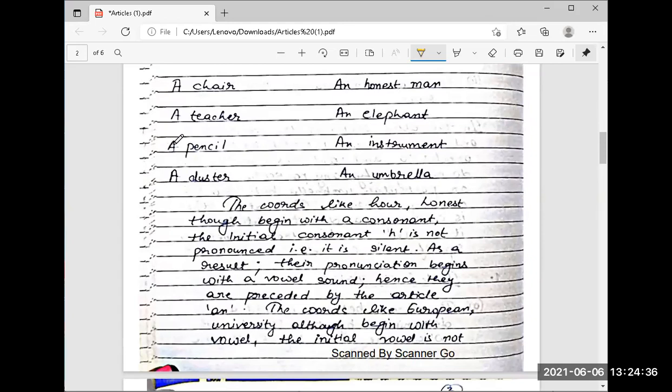Okay. So in university, U is there, but it sounds like Y, so in that case we use a. But in hour, H is there, but H is silent, and it is being pronounced from O. So we use an.